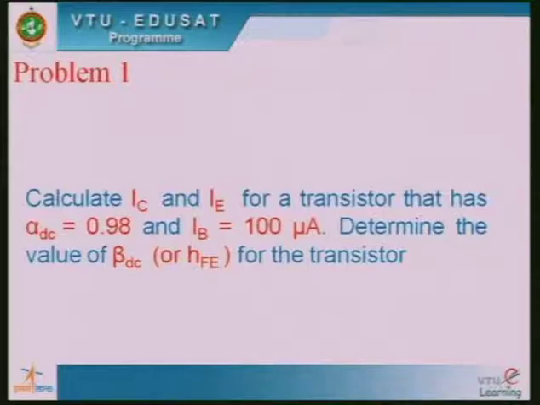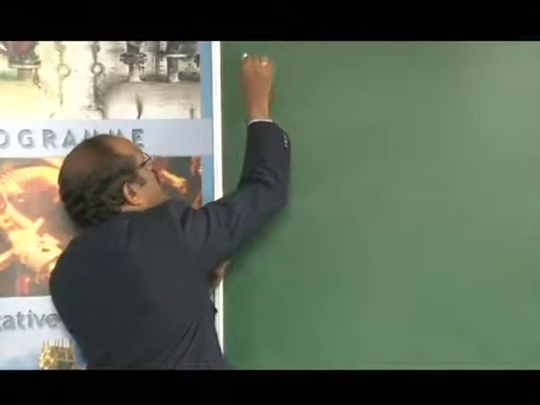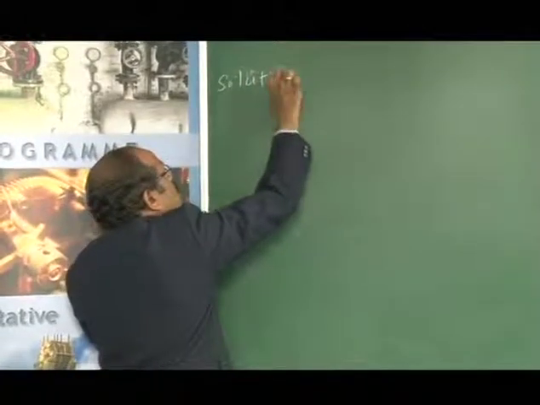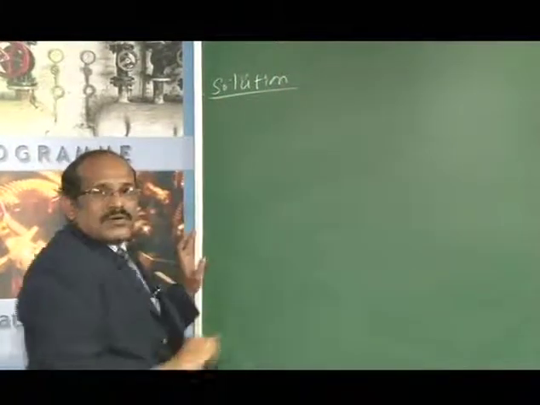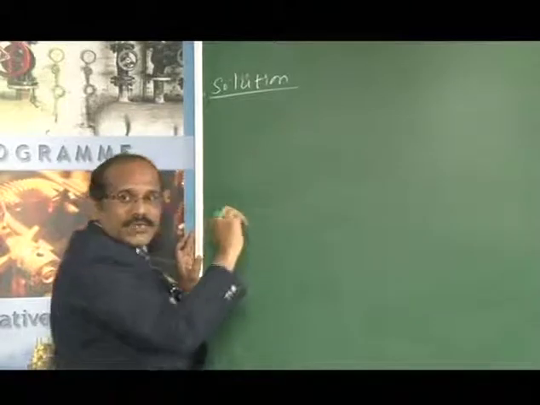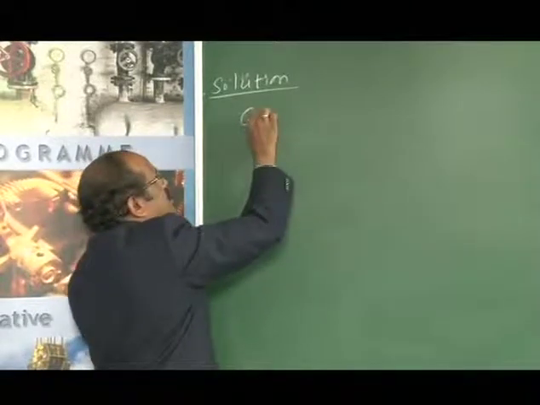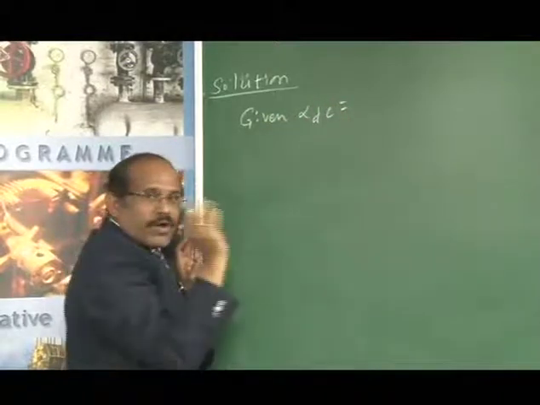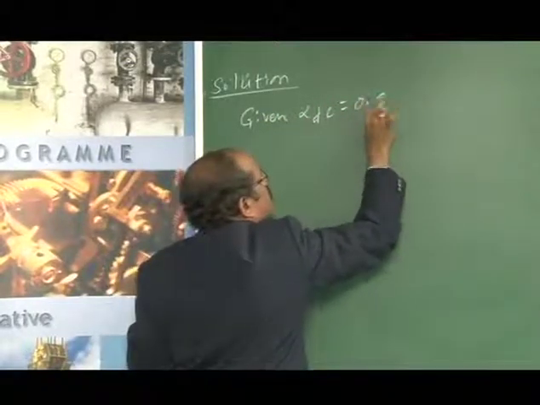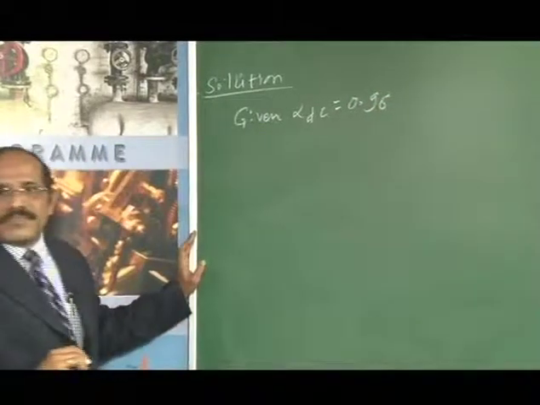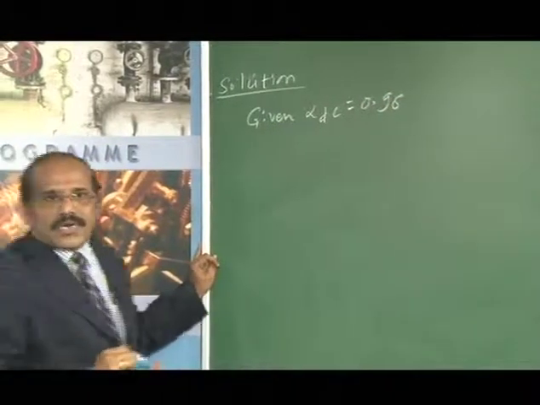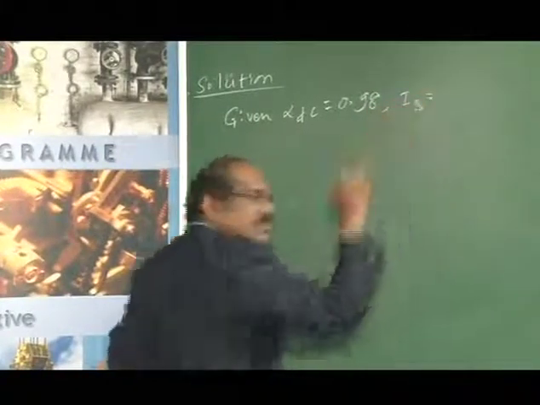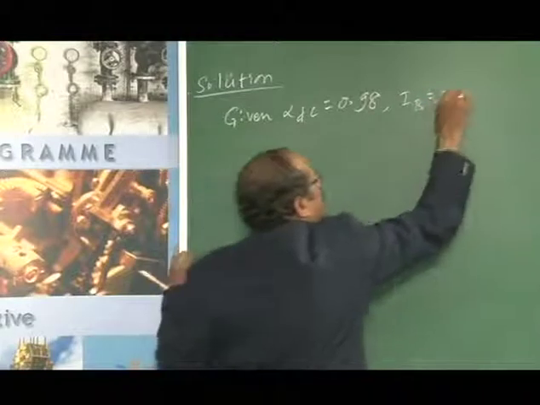So what is asked here? We need to find, given the solution. What is given? Given is alpha DC equal to 0.98, that is the common base current gain, and IB, that is the base current, is given as 100 microamperes.